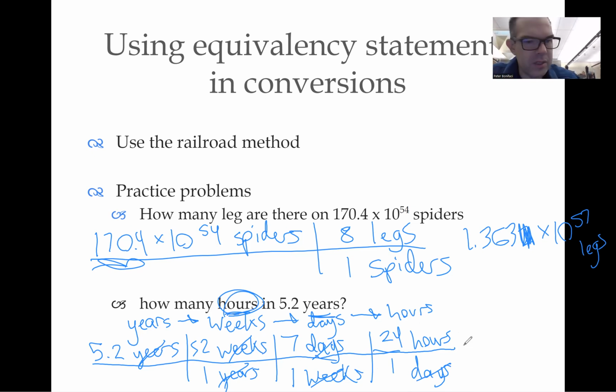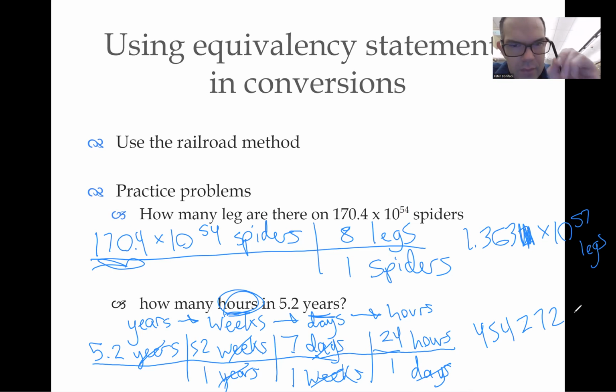So we're there. Now we just need to put it in the calculator. And you go 5.2 times 52 divided by 1 times 7 divided by 1 times 24, and you can ignore the 1 here too. So when you multiply them all together, I get this giant number here, 454,272.